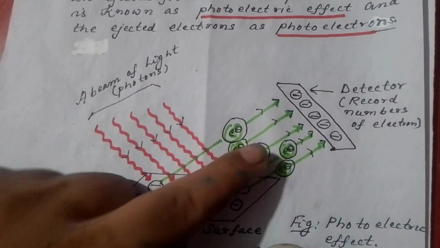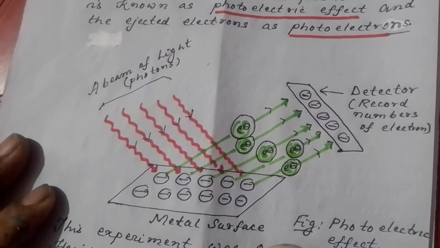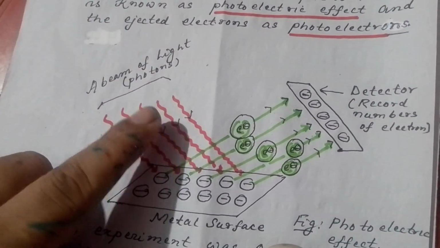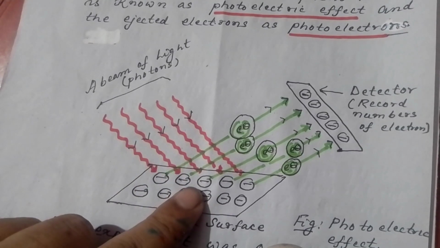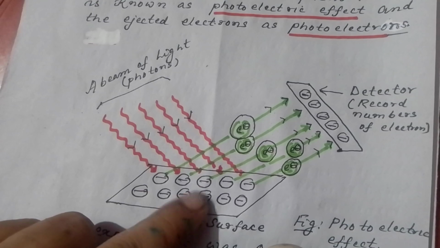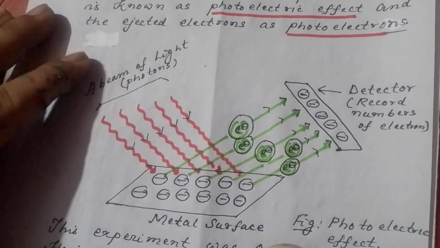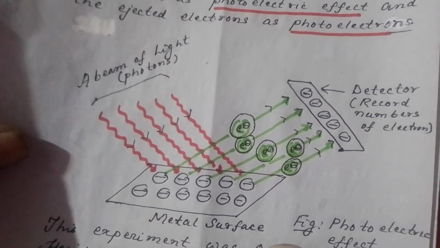Then the electron will successfully get ejected and go to the detector screen. Number 4, if the incident beam of light frequency is lower than the threshold frequency of the electron of the metal, then the electron will not be ejected from the metal. Okay, got this point? Okay, very good.